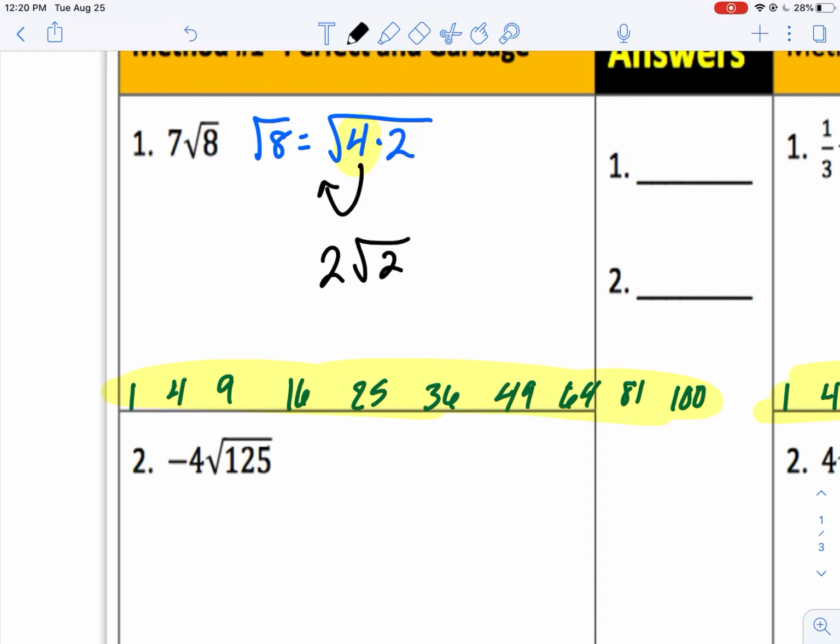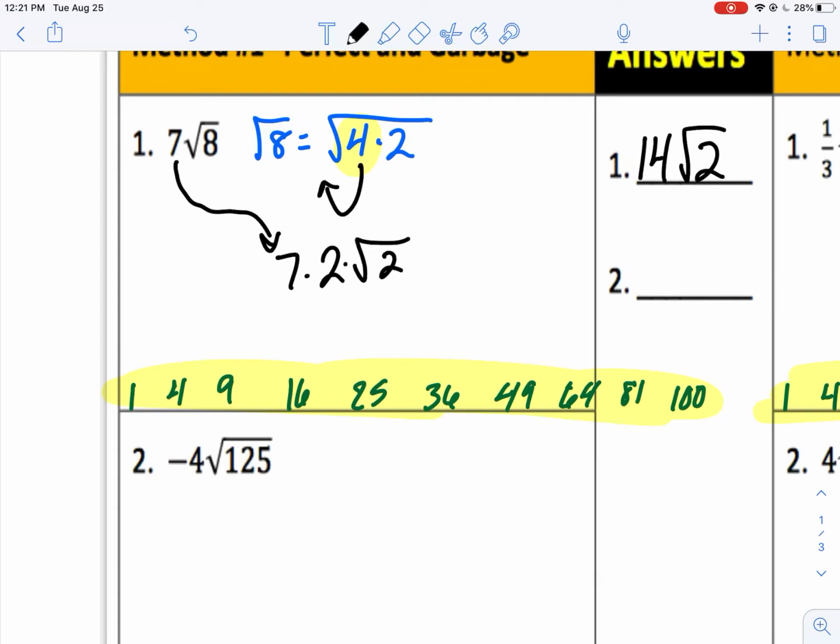So square root of 8 is just 2 root 2. And then what I've got to do is take this 7 and bring it down. So 7 times 2 times the square root of 2. And then I can simplify that to 14 square root of 2. So that's all we're doing today. Same thing, just one more step.